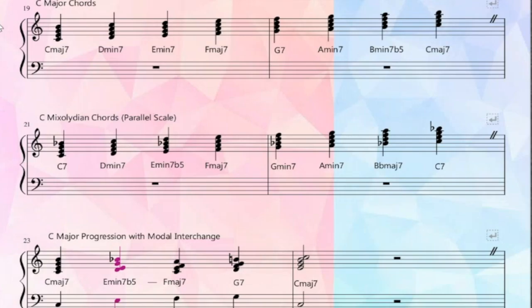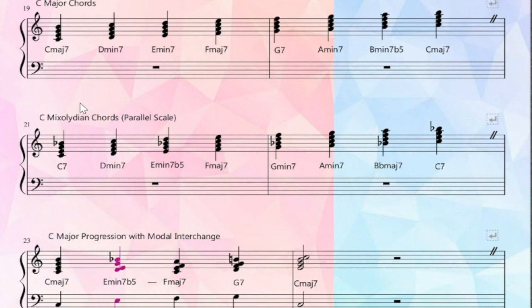Now let's choose a new parallel scale to go with C major. For the parallel scale, I chose C mixolydian because any scale that starts on a C can be a parallel scale of C major.